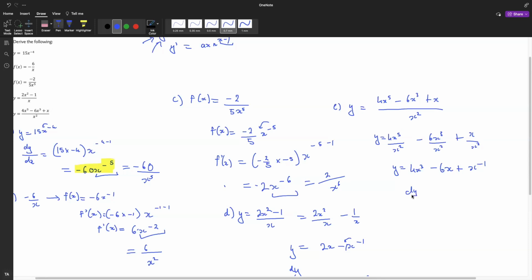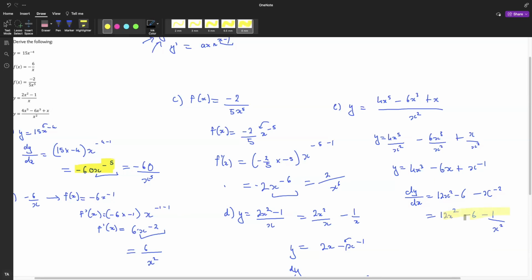Now we can derive this. So dy over dx is equal to 12x squared minus 6 minus x to the power of -2. And again, if we rewrite this, 12x squared minus 6 minus 1 over x squared. And that's your derivative.